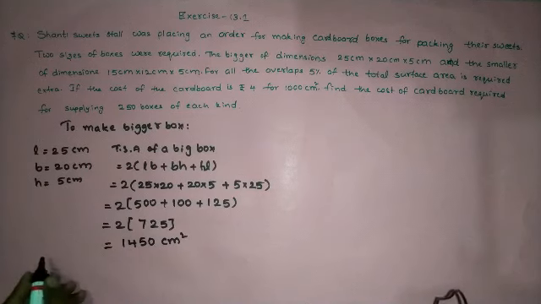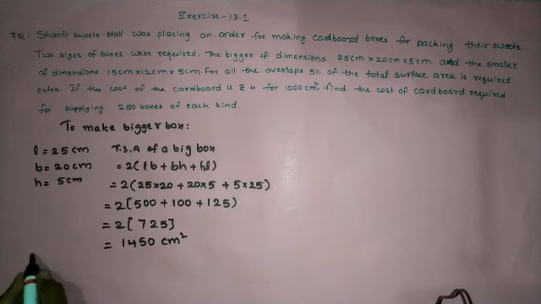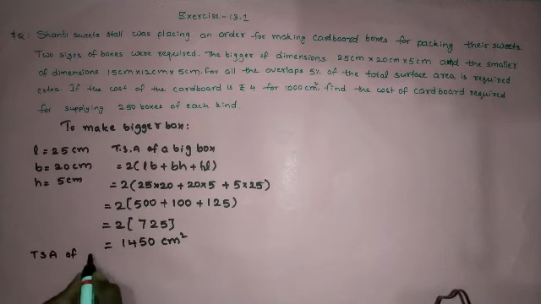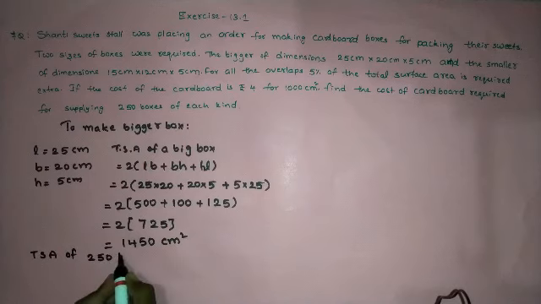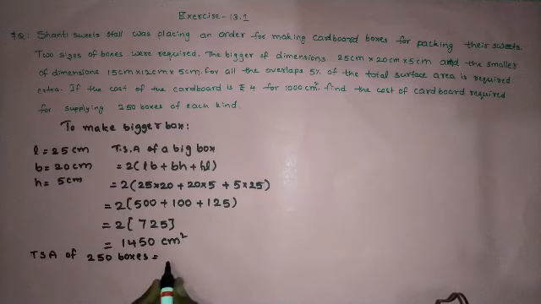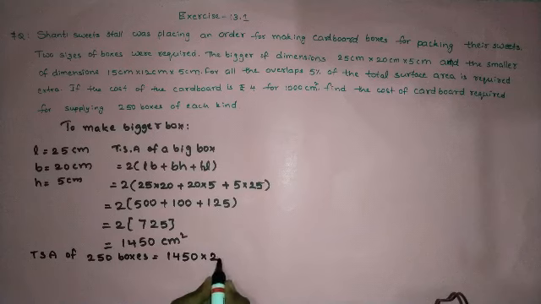But we require 250 boxes. Total surface area of 250 boxes equals area of one box into 250. Area of one box is 1450, into 250 boxes.